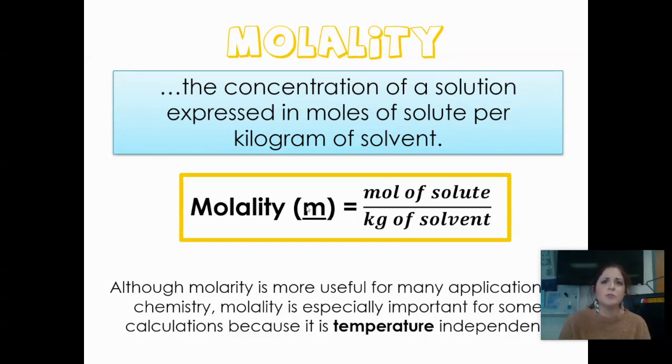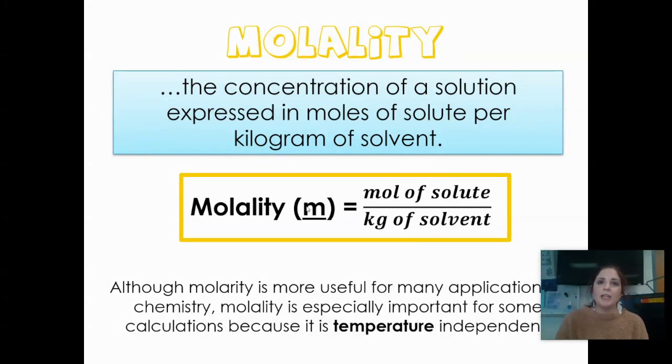So we tend to use molality as a form of concentration when we are worried about temperature being a factor, because the mass of the solvent is not going to change based on the temperature, but the volume could change. If I have a solution that's at a much higher temperature, because temperature is a measure of kinetic energy, that solution could actually take up a little bit more space. So like I said, that could skew your results a little bit.